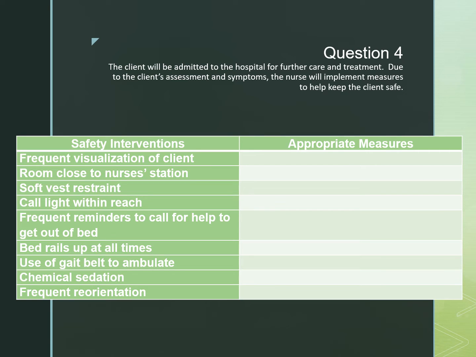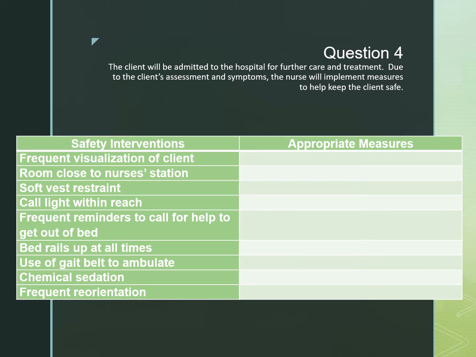Frequent visualization of the client. Is this appropriate to improve safety measures? Yes, most definitely. Room close to the nurse's station? Again, yes, we want to do this. We want to keep eyes on this client. Soft vest restraint.